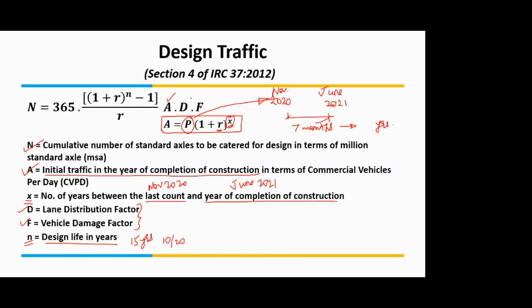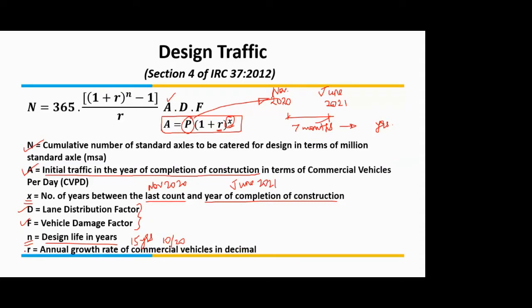Now I told you that you just have this one formula, and it might look very simple. What you have to do is just enter the values of all these terms, A, D, F, R, X, P, and give them as input to this formula, and you will get the design traffic. But it may be very easy to listen to what I just narrated, while it is a very long and tedious process to actually implement it in the field.